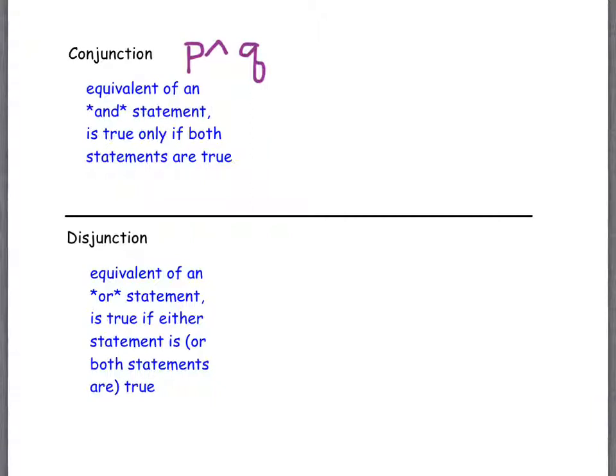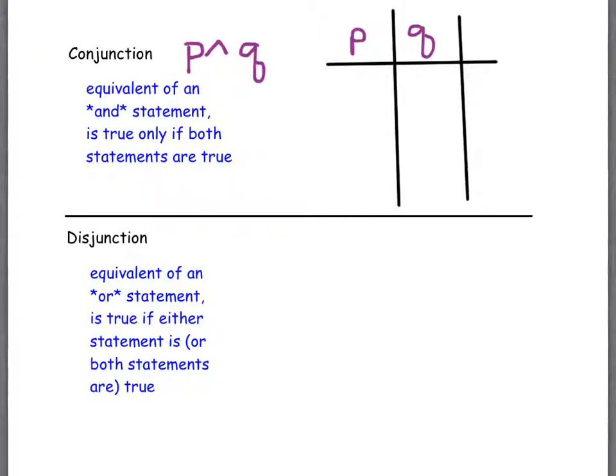That upside down V is the and. And when we're working with a truth table for this, I'm going to make a column header that says P, a column header that says Q, and then I'm going to show you how we create the column that says P and Q.